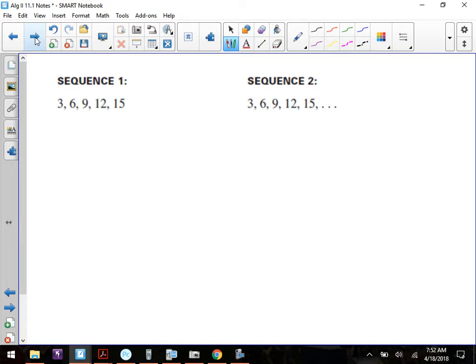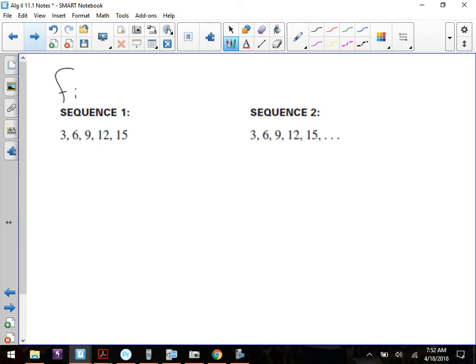Why is the other one infinite? The dot dot dots. So this one is a finite sequence, and this one would be infinite.